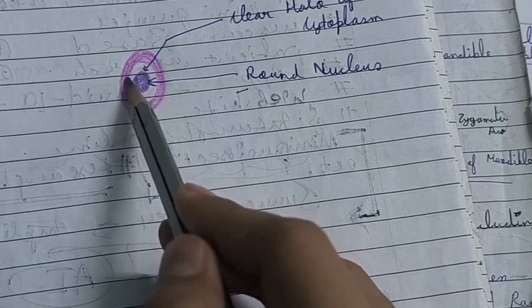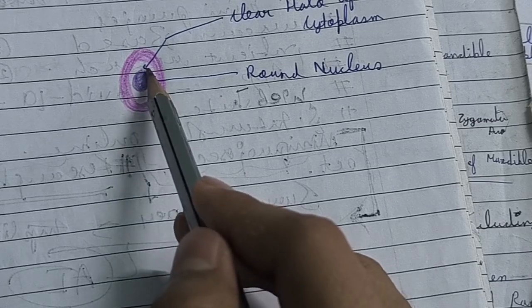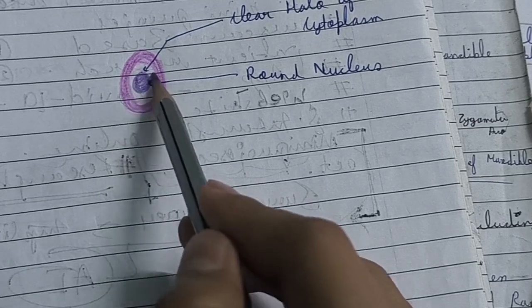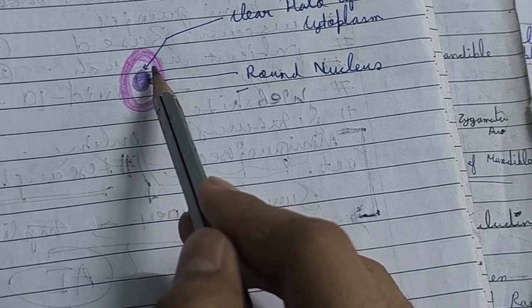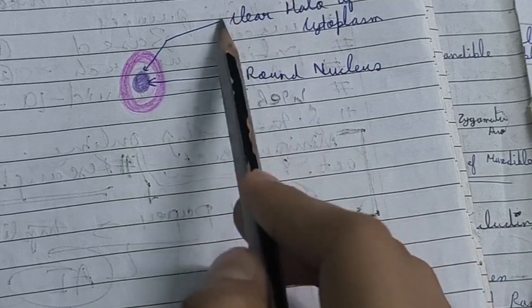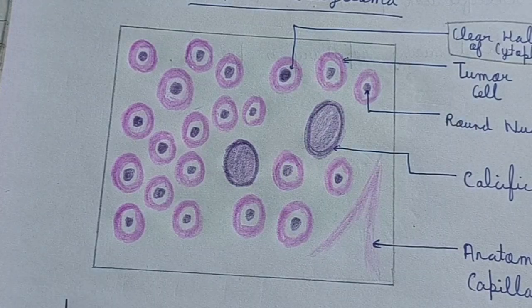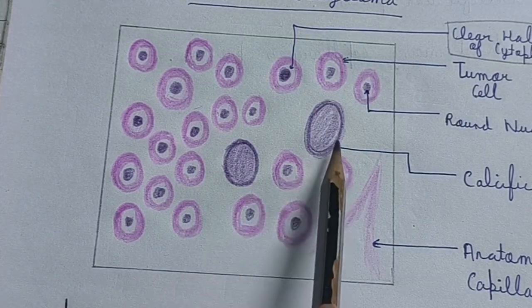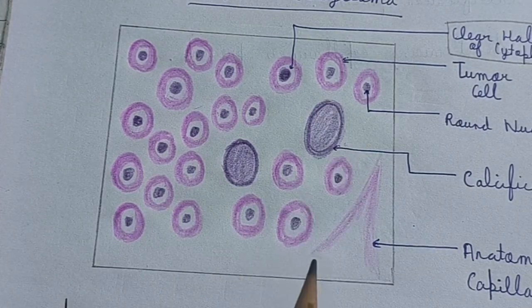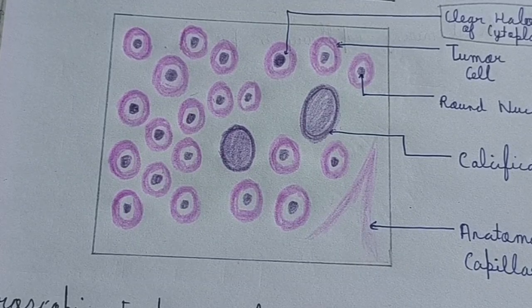So the cytoplasm around the nucleus is very less and lightly stained, therefore it is known as clear halo of cytoplasm. So these are the clear halo of cytoplasm, round nucleus and tumor cells. And also you can notice that calcification and anastomosing capillaries are present.